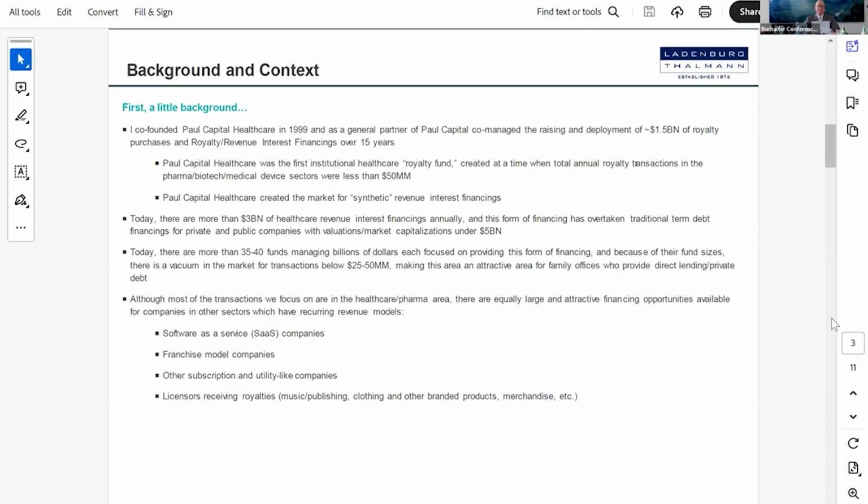So this form of financing is totally appropriate for all these companies, not just for biotech and pharma companies. And again, you all might be investors in recurring revenue model companies, and might have companies that need this capital. You might find it more attractive than term debt and traditional equity.